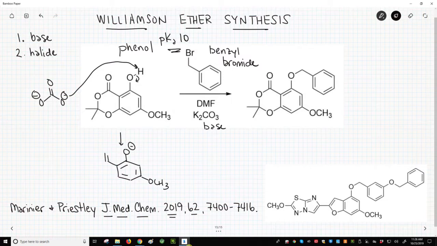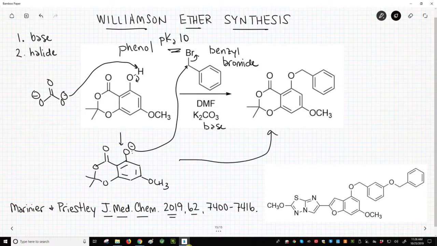This is our nucleophile for our SN2 reaction. The resulting anion attacks the carbon of benzyl bromide, kicks out the halide, and forms the new ether product in essentially quantitative yield. That is the Williamson ether synthesis.